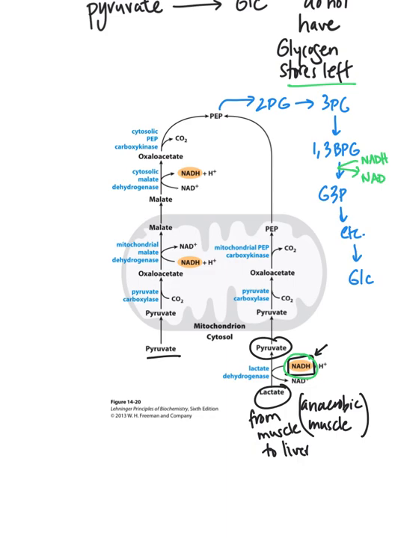And so when this happens, we've evolved to do this multi-step situation at the beginning of gluconeogenesis. What it does is allow us to get NADH created in the cytosol early in gluconeogenesis, so that there's going to be some there when the later step occurs.